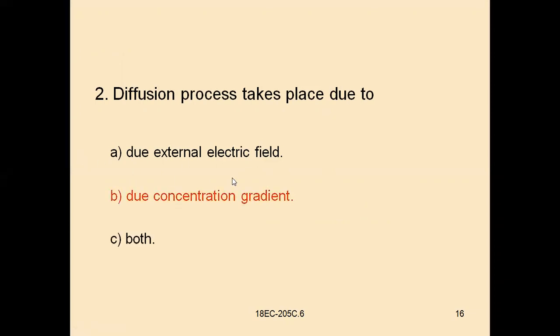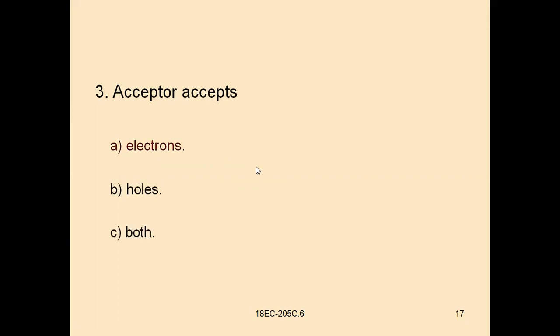The drift process takes place due to an external electric field, whereas the diffusion process takes place due to concentration gradient, where the electrons move from higher concentration to lower concentration. So this is due to concentration gradient. An acceptor accepts electrons.